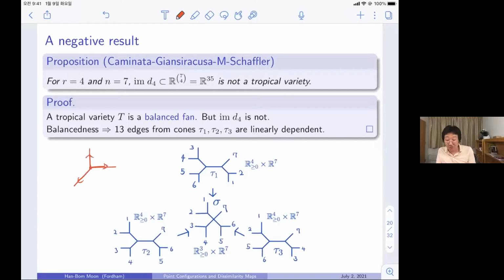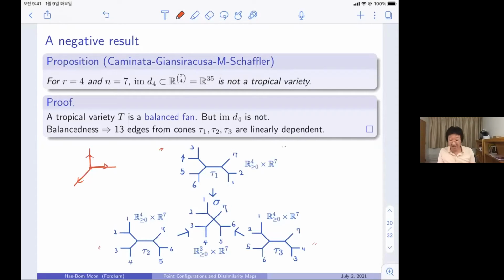In other words, if you take a generator of each edge of each cone around the d-1 dimensional cone, then the set of vectors cannot be linearly independent. They must be linearly dependent, like this example. We did the computation for this part of the fan, and we found that they are linearly independent.